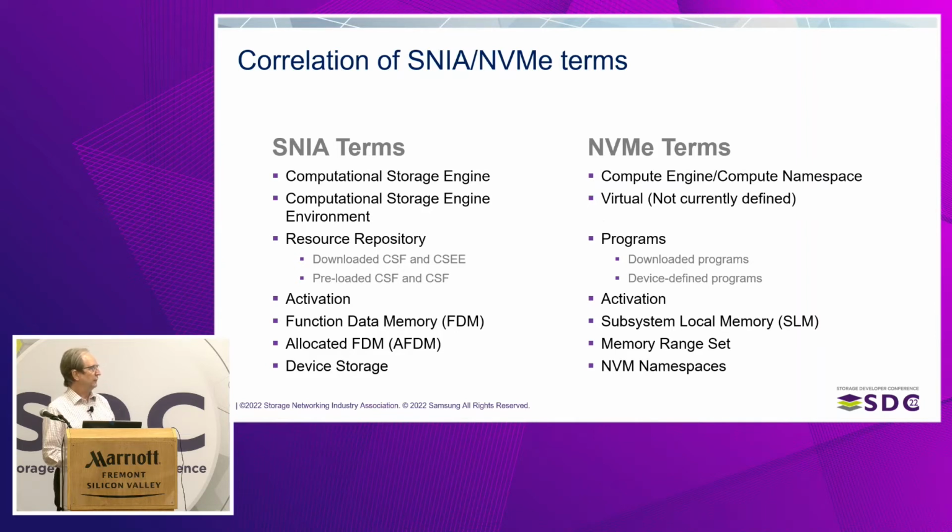In SNIA, we have the computational storage engine environment. That environment in NVMe is a virtual entity at this point. There is the possibility that going forward we define environments within NVMe, but in TP4091 we are not defining those.